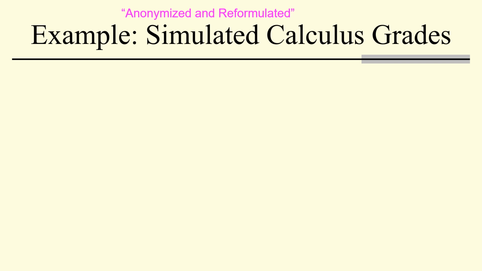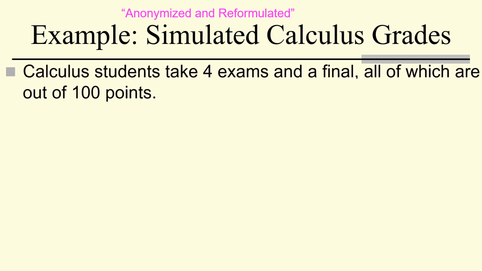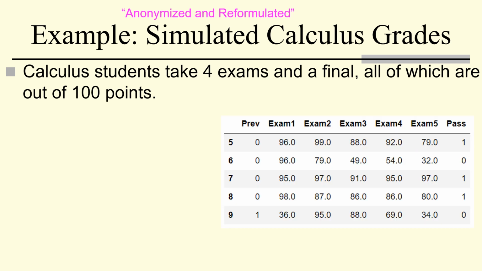For example, let's look at some simulated calculus grades. By simulated, I mean they've been anonymized and reformulated so that you can't identify a student from these grades. Calculus students take 4 exams and a final, all out of 100 points.